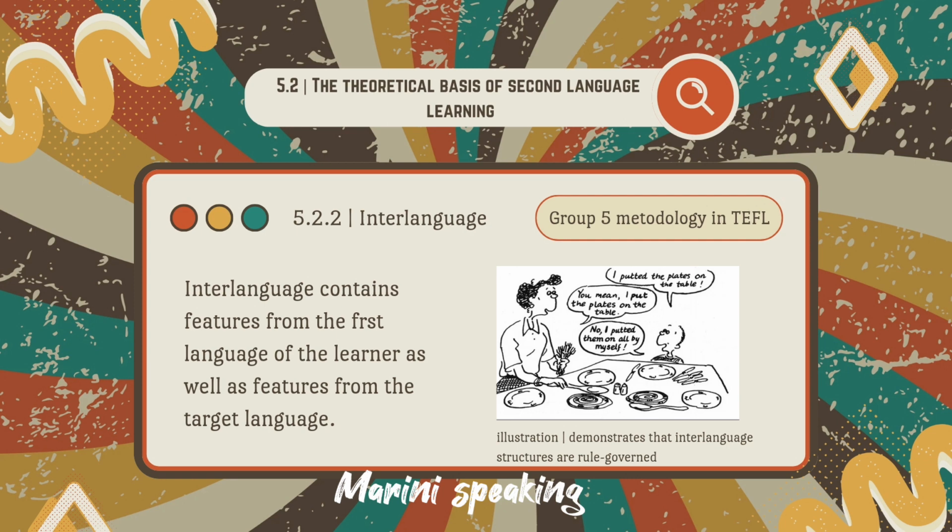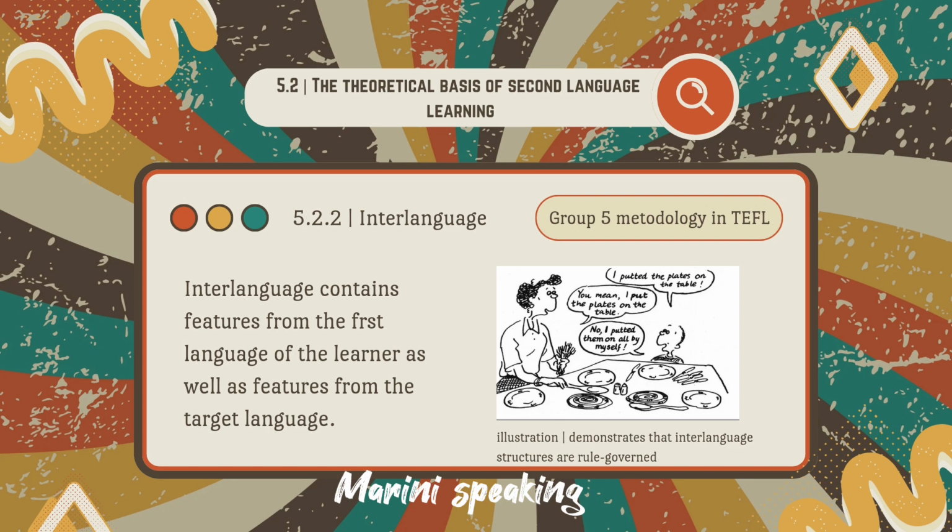Interlanguage contains features from the first language of the learner as well as features from the target language. It describes the stage of language that has not yet been fully developed by a learner.